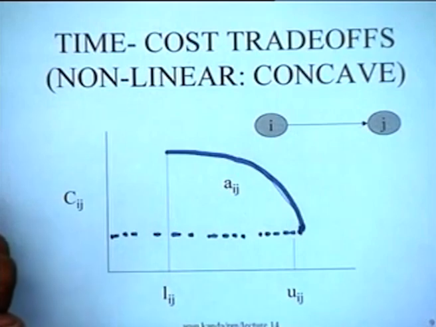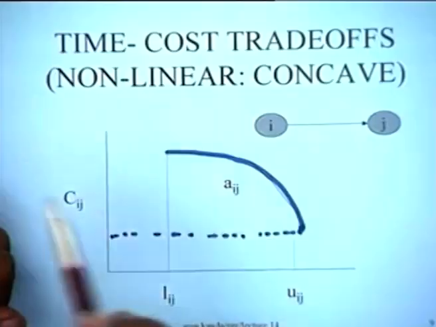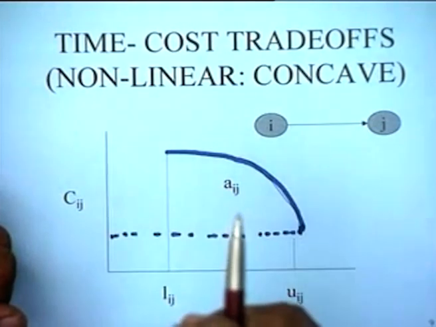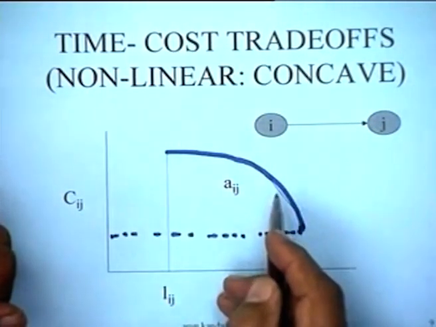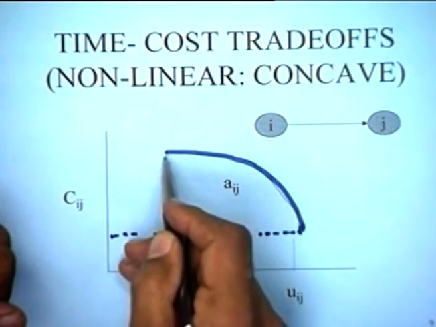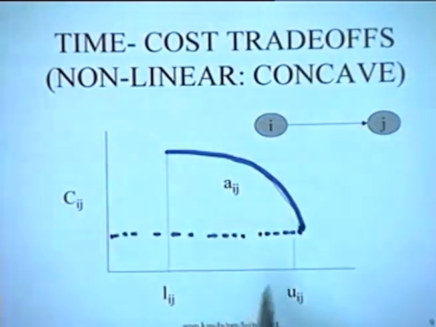To give you a simile from, say, strength of materials, this is very much like the plastic flow of metals. The amount of stress required initially till the yield point is very high, but once the yield point takes place, then the material just tends to flow, and the cost required to deform it is smaller and smaller. So this is that kind of behavior that you find here in time cost trade-offs for many activities.